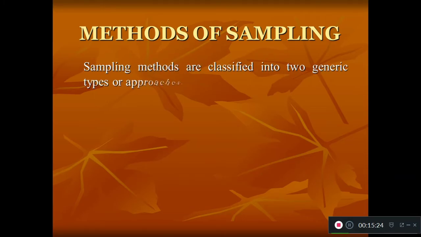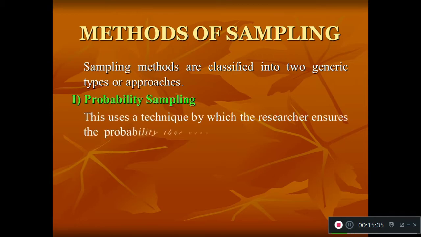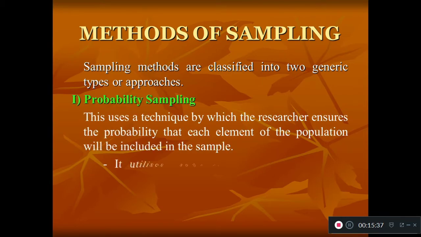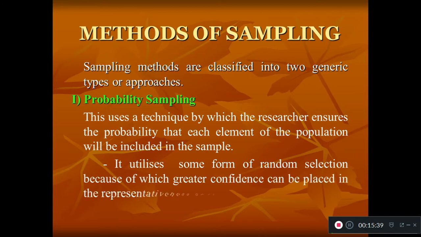Now come to today's specific topic, methods of sampling. Sampling methods are classified into two generic types or approaches. First one is the probability sampling method. The probability sampling method uses a technique in which the researcher ensures the probability. Probability means equal chance, that each element of the population will be included in the sample.